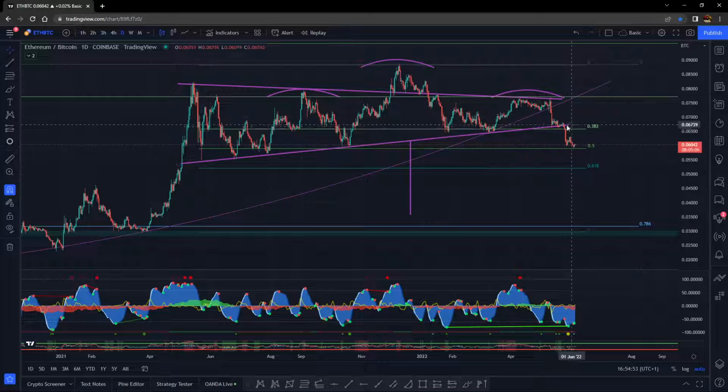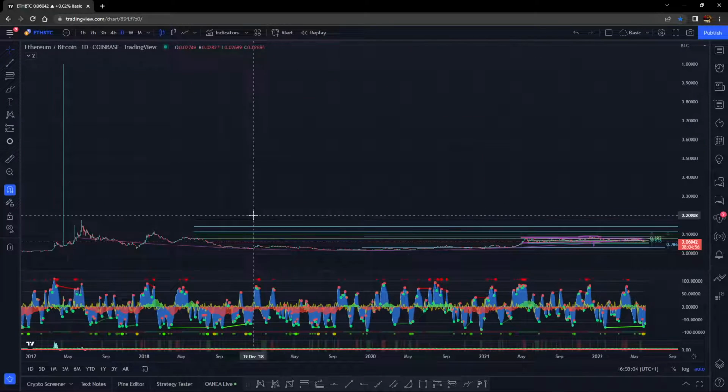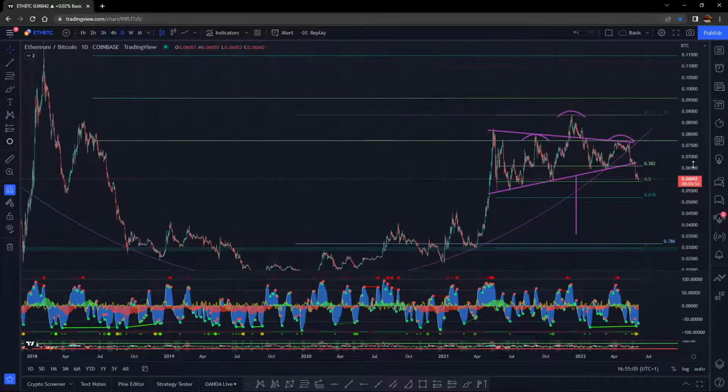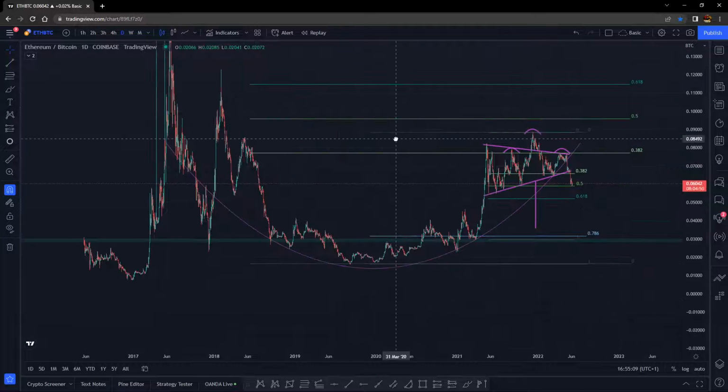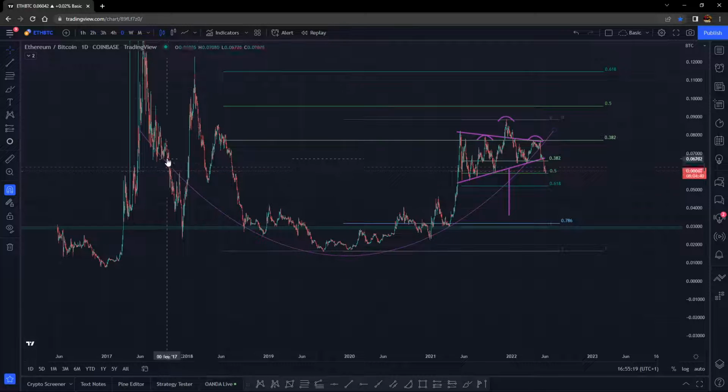It will probably just come and retest maybe the underside of this trend line that it's fallen from. And it's basically fallen out of this large arc. Now I used to use arcs a lot in my technical analysis.